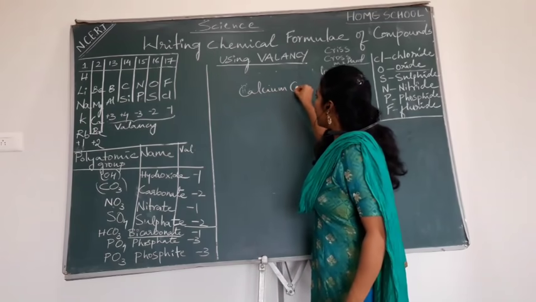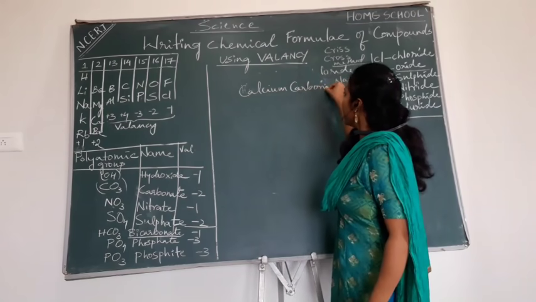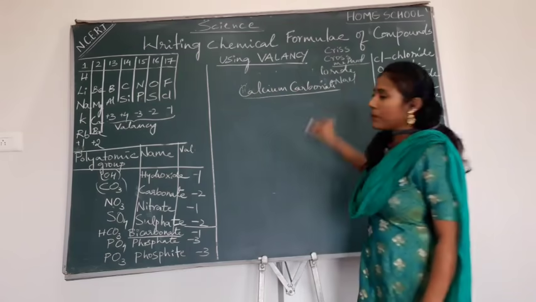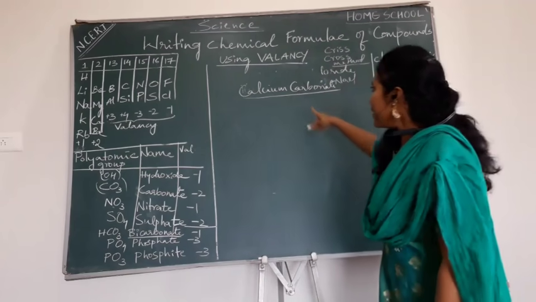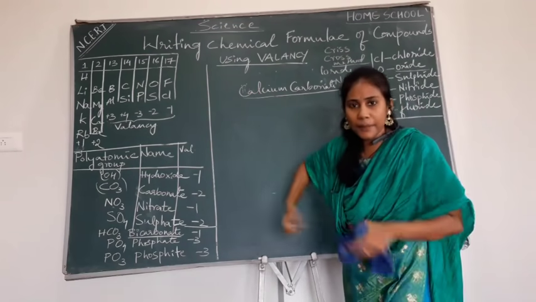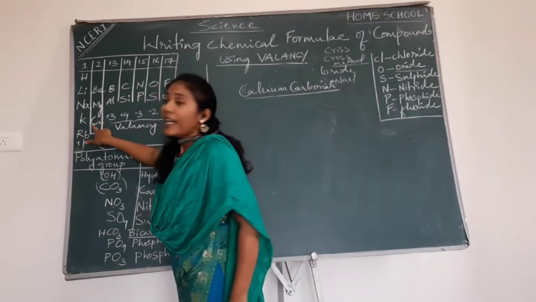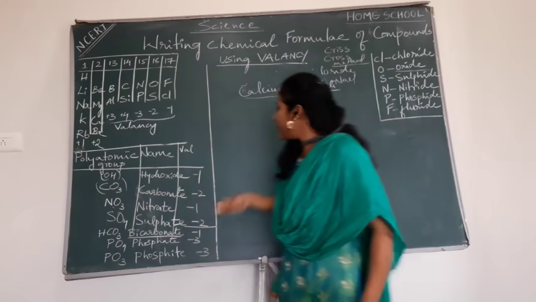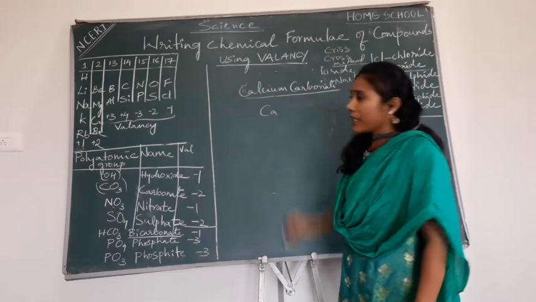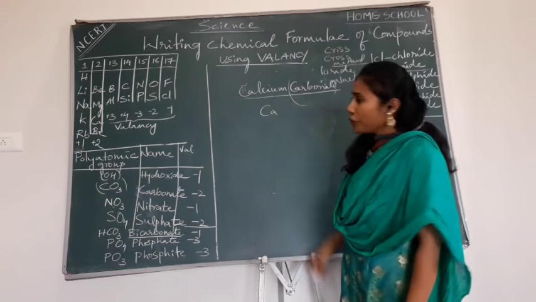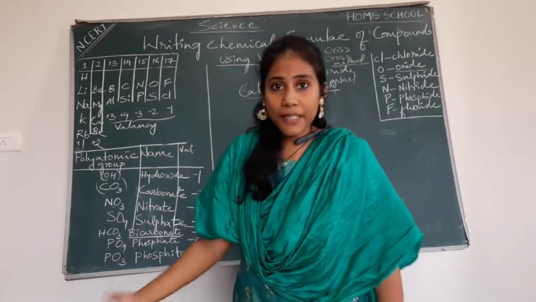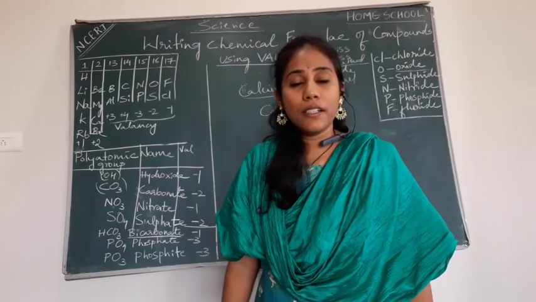Calcium carbonate. Okay. Say how do you write the formula for calcium carbonate? Say calcium is one of the element in a periodic table and it's coming in a second group and you know its symbol, that is Ca, right? But what about carbonate? You know, carbonate is not the element that is present in a periodic table.